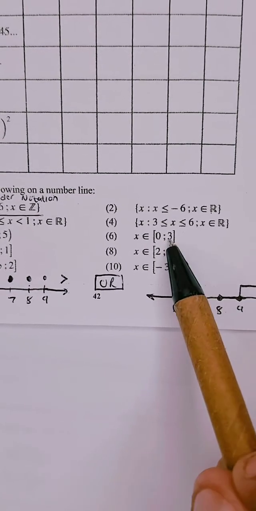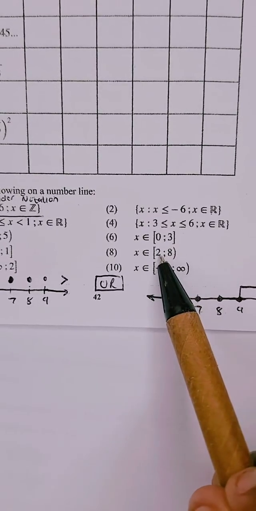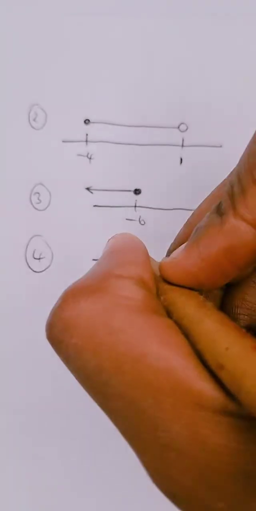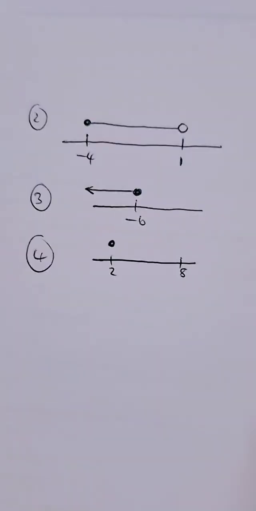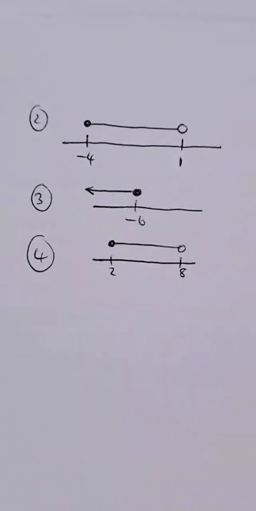So that's why we have an open bracket. 2 with a square bracket means 2 is included. 8 with an open bracket means 8 is not included. So we say shaded for square bracket, open dot for open bracket. Then we connect, because an interval notation is always a real number set.